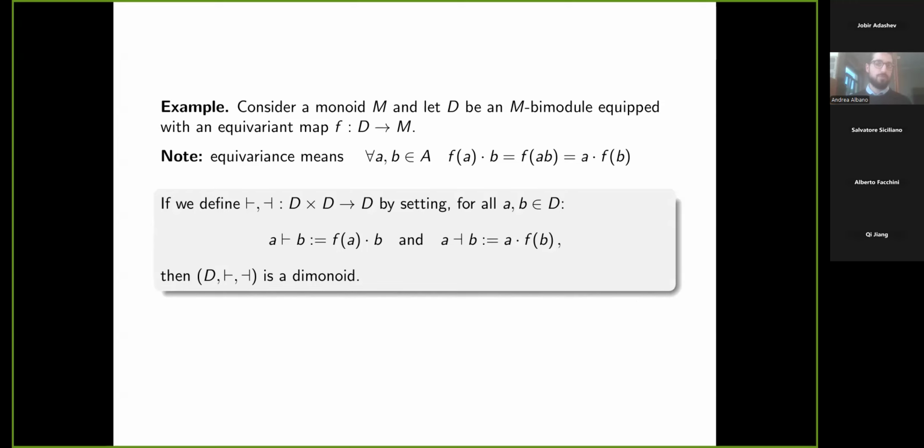Actually, it can be proven that all di-monoids can be constructed in such a way up to isomorphism, but it's not important for now.